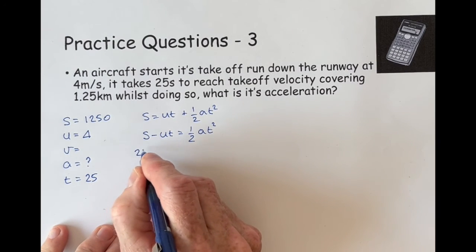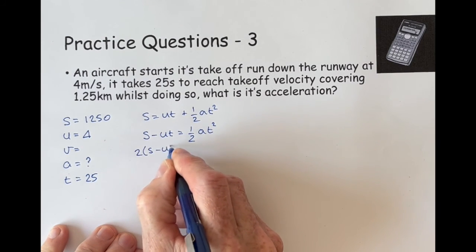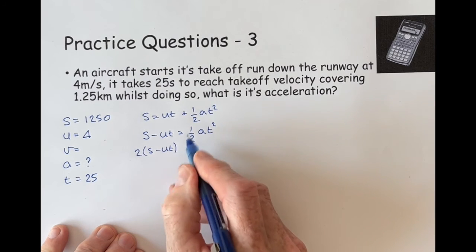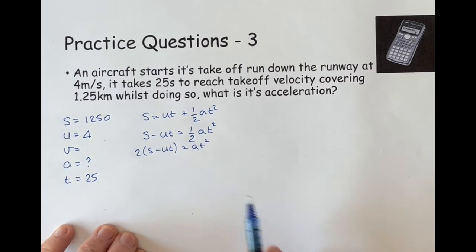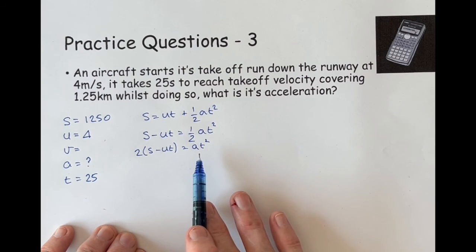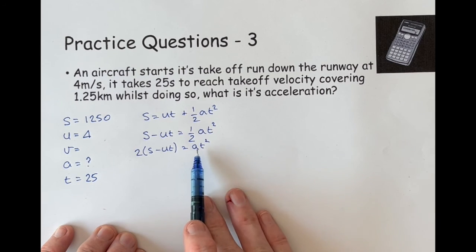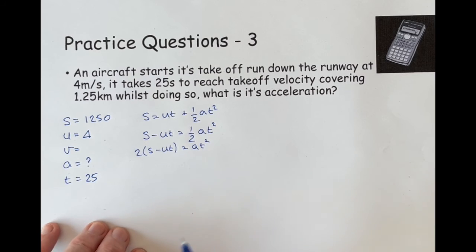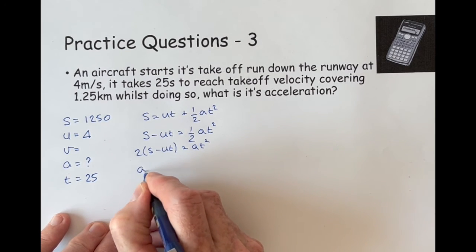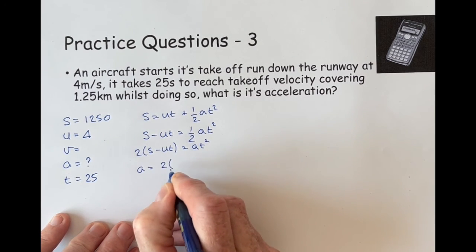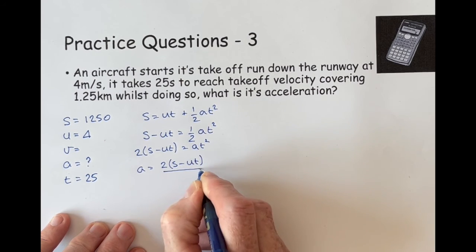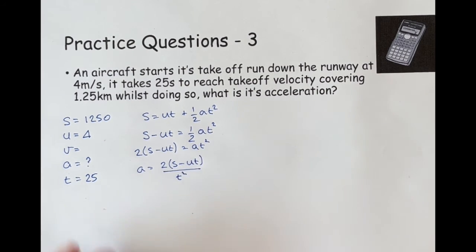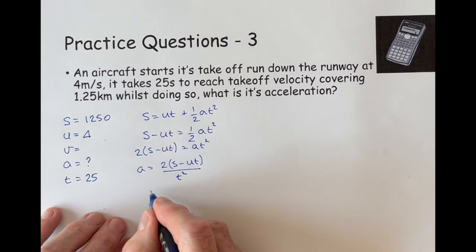So we've got 2 times s minus ut. That cancels out the 2 there. At squared. And then we've just got to get the acceleration on its own, so divide both sides by t squared. So you end up with a equals 2 times s minus ut, over t squared, like that. All you need to do then is to put the numbers in.